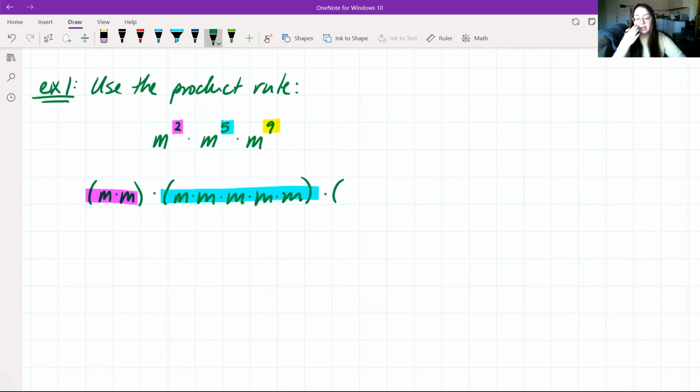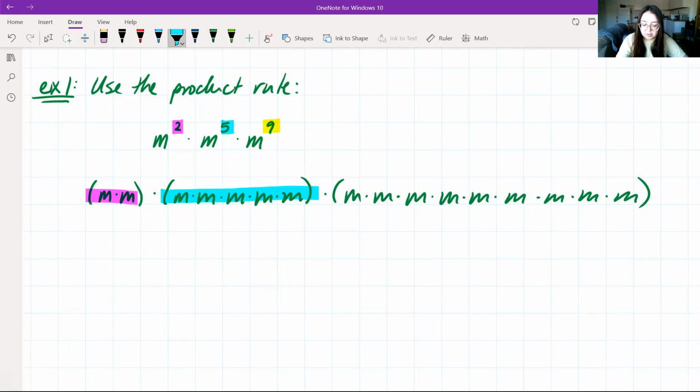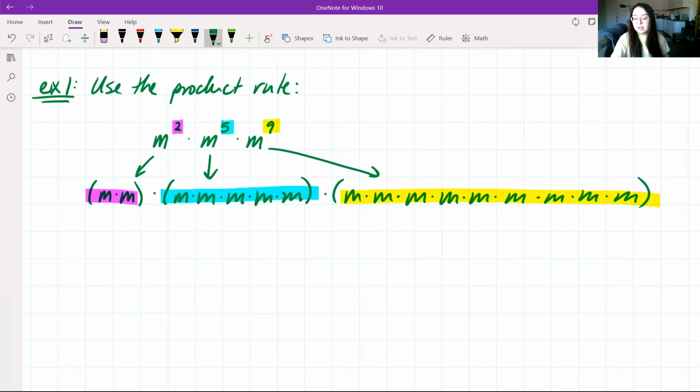And now we're multiplying by m to the power of 9. So we're going to have quite a few m's here. There we go. 9 factors of m now. So we've multiplied out, instead of having them written as exponents, we've written them out and we've really shown what they look like when we multiply them all together.